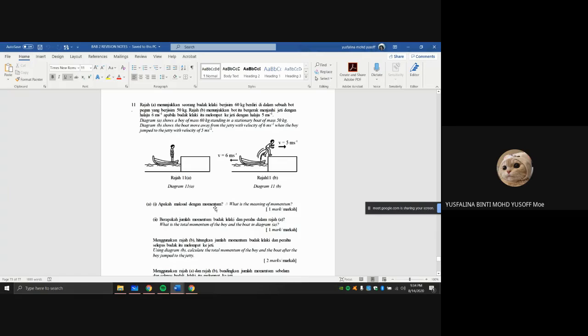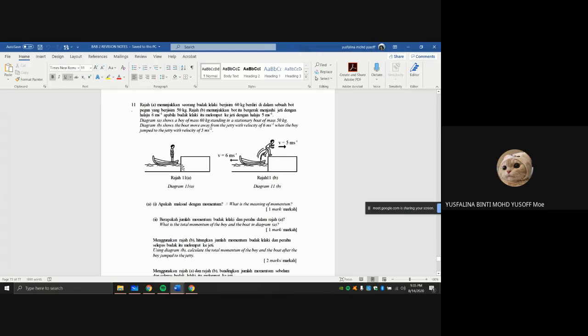Mass multiplied by velocity. What is the total momentum of the boy and the boat in diagram A? Because it is stationary, meaning not moving, the momentum is 0. So the total momentum is 0.